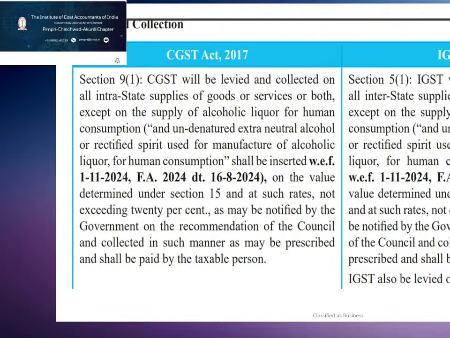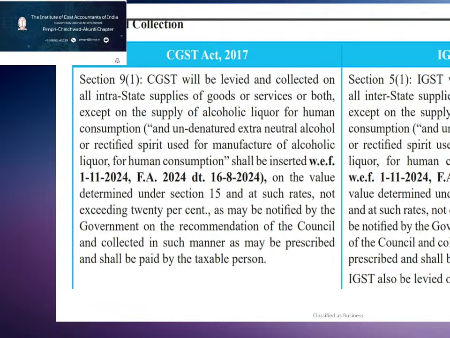So who are all under this non-taxable online recipient? The government, local authority, governmental authority, or an individual who is receiving the online information, that is OIDAR.